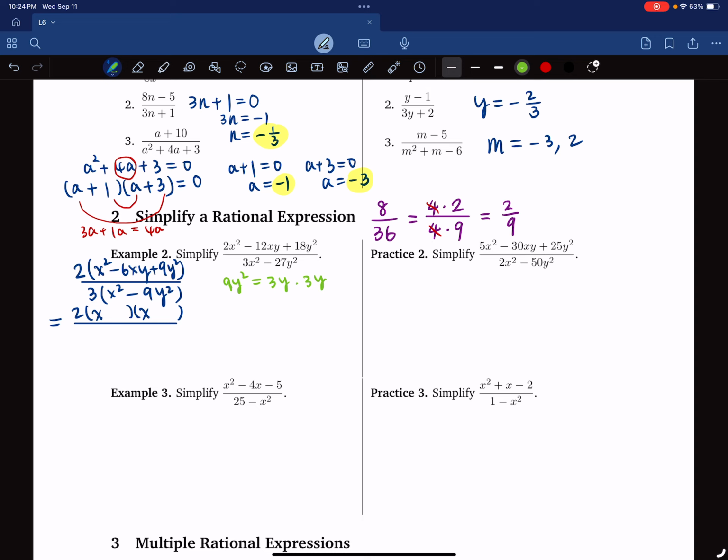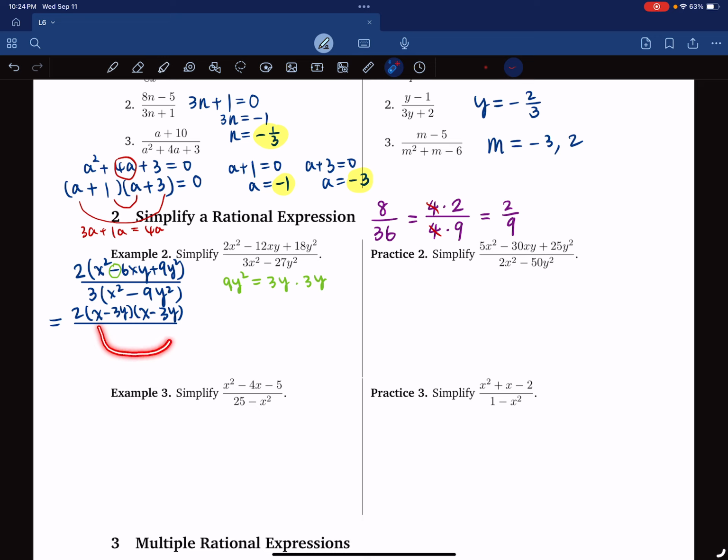And we also notice that in the middle, we have a negative sign. So that means both of these should be negative. And we could try this 3y first, see if it works. So it's basically x minus 3y and x minus 3y. And you could verify this.